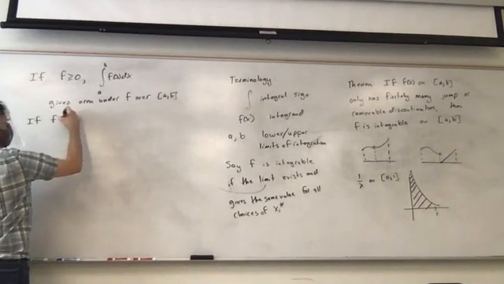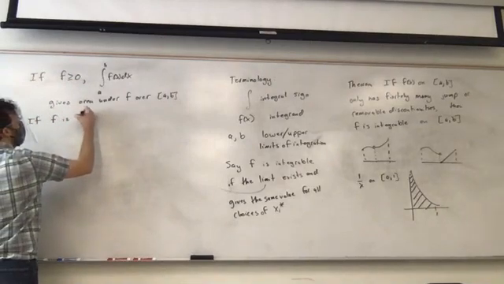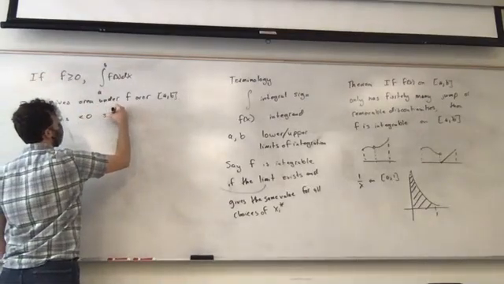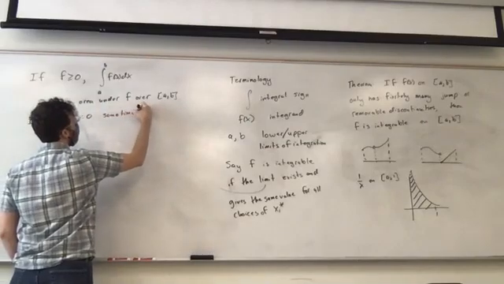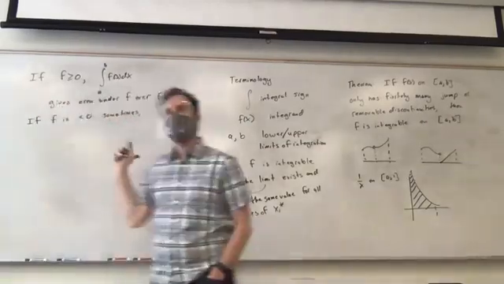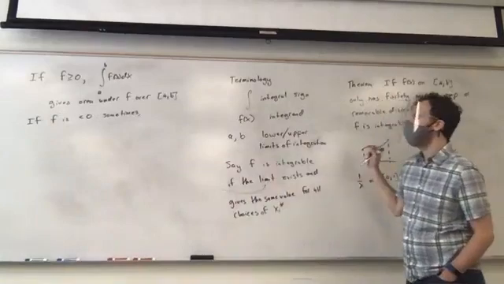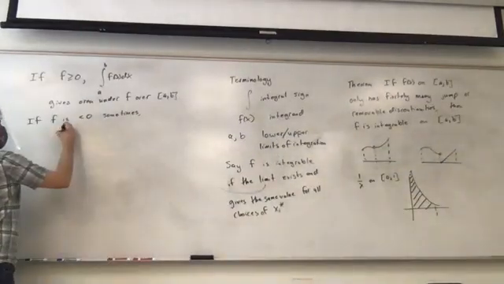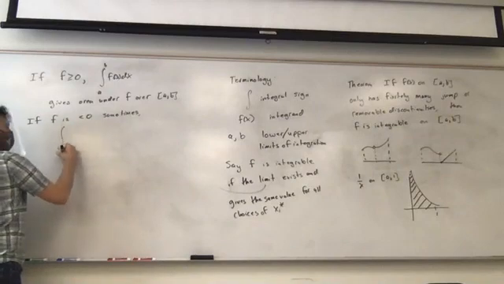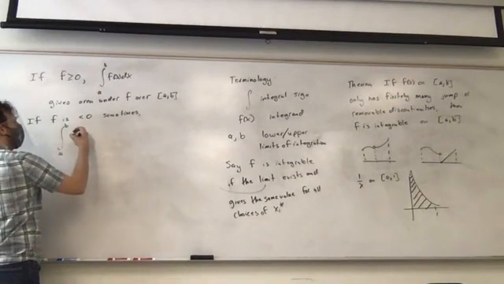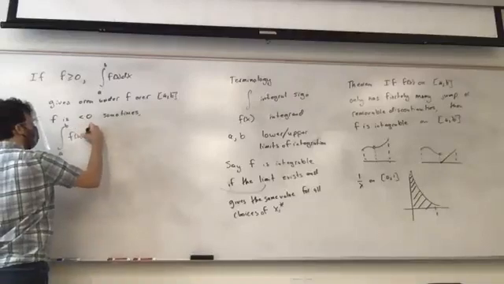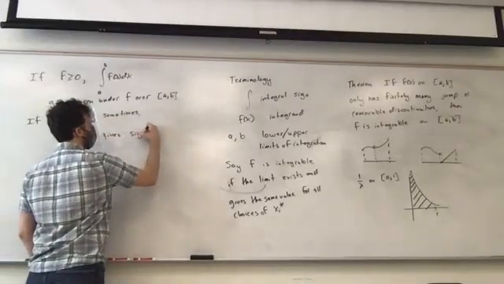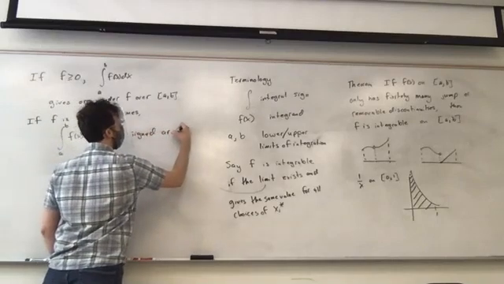If f is less than 0 sometimes, then it can't just be area because area is always positive. Then in this case, the integral from a to b of our function gives what's called signed area.